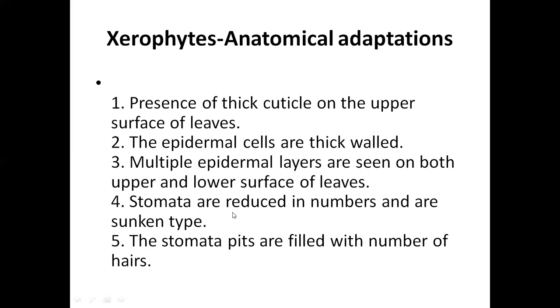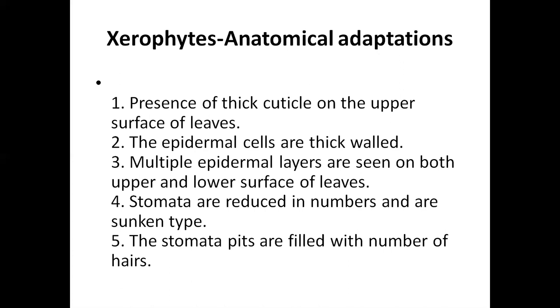And stomata are reduced in numbers and are sunken type. As we discussed earlier, usually we don't find stomata on the upper surface of the leaves, and these stomata are limited in number and are observed at the lower surface of the leaves.